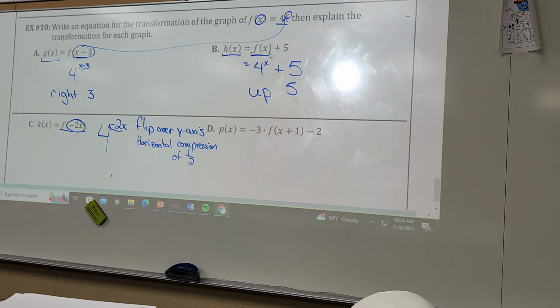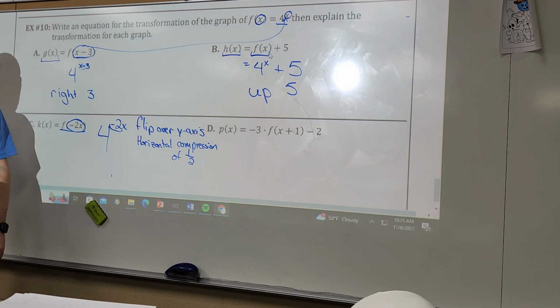Why is that 1 over 2? It's just the definition of horizontal stuff. Do you know how, up here, we went right 3 even though it's minus? If it's by your x, it's always opposite. It's always the inverse, actually. So what if it was a positive 2x? It would still be a horizontal compression of a half, but it wouldn't be flipped. The negatives flip stuff.